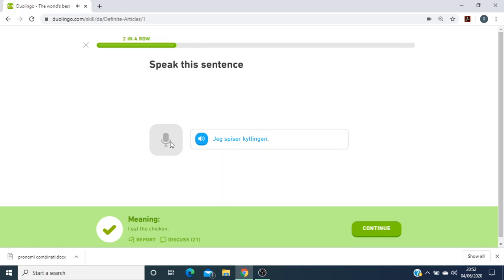You really have to listen out for when they're using the definite article in some of the words, because it's quite hard to differentiate. Like for this one, kyllingen. I'm just saying it a bit more slowly, but you've really got to listen out for it in these lessons because they do speak quite fast. So just be wary of that.